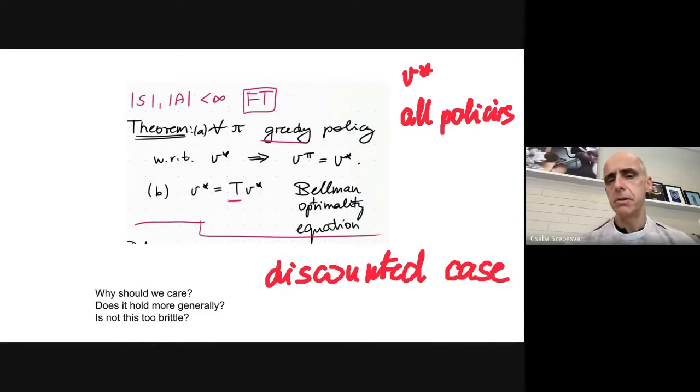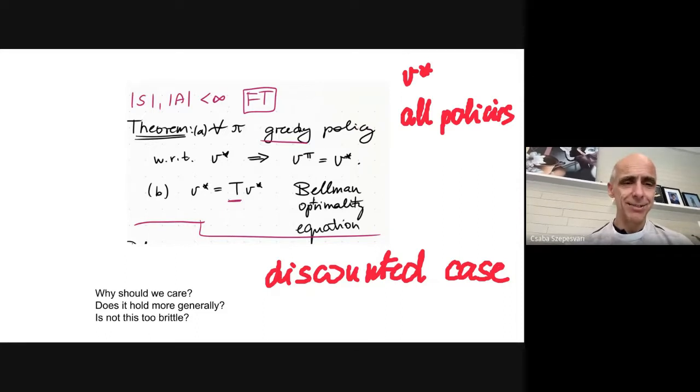What you usually see when people present MDPs is that they skip this. But the whole point of this theorem is that these non-stationary, non-Markov policies do not add anything to the generality. Before you prove this, you don't know. So this theorem is really partly about that.